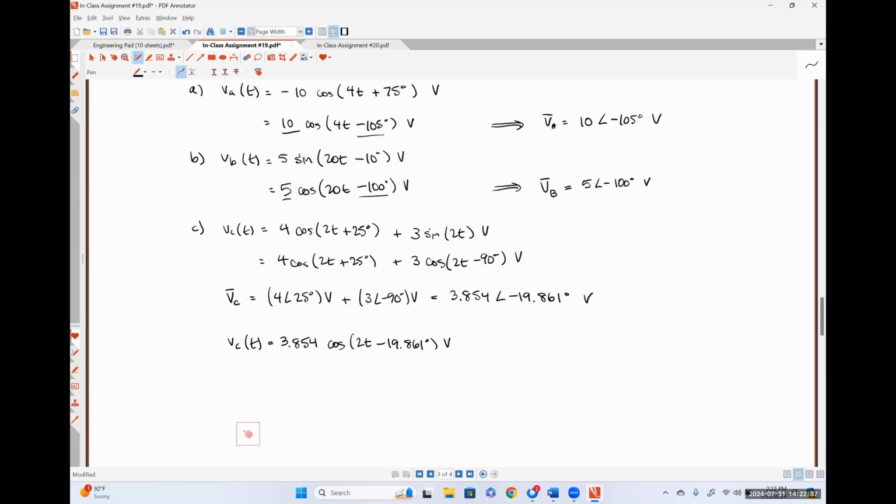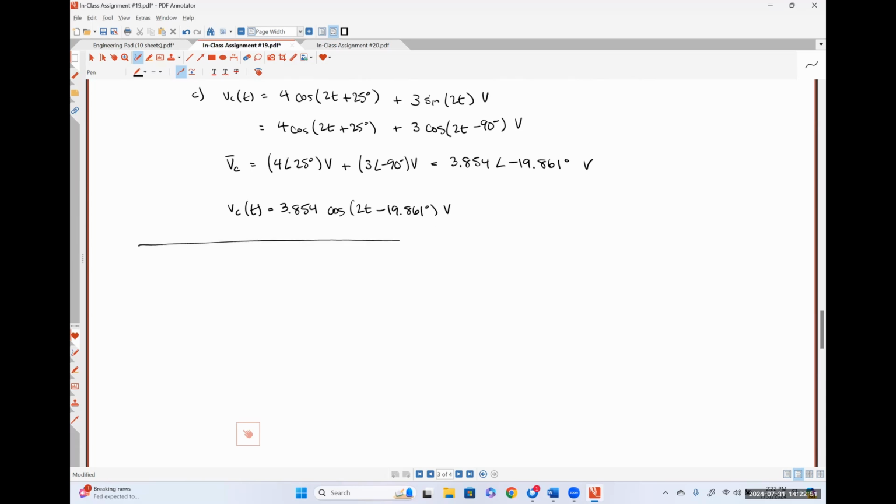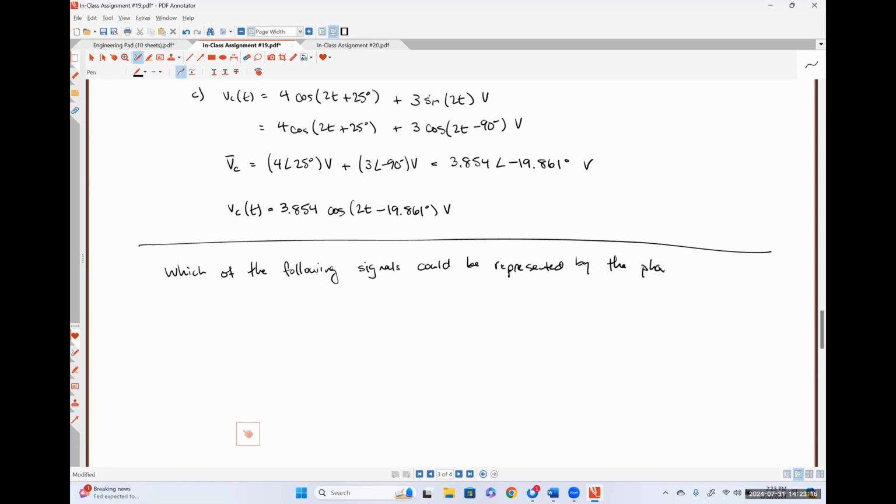So you guys probably haven't seen this yet because I don't think I've uploaded the practice exams. But some of the questions that I like to ask you guys on a test would be something like, which of the following signals could be represented by the phasor?